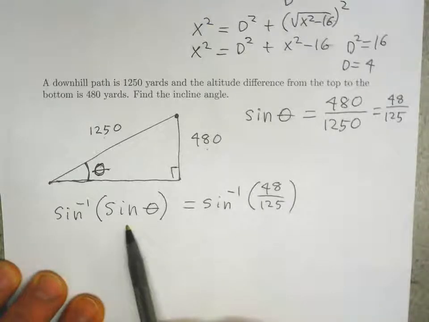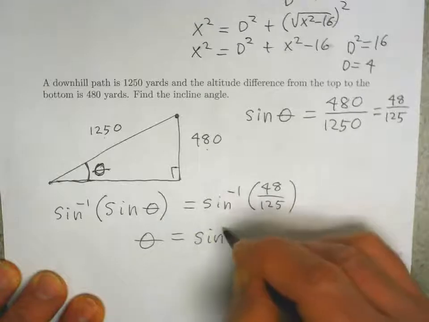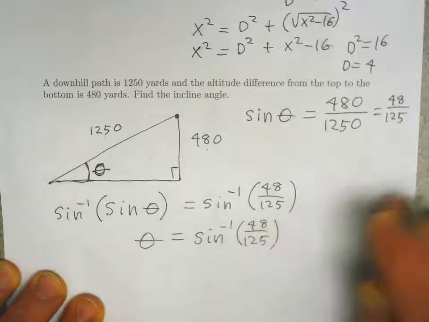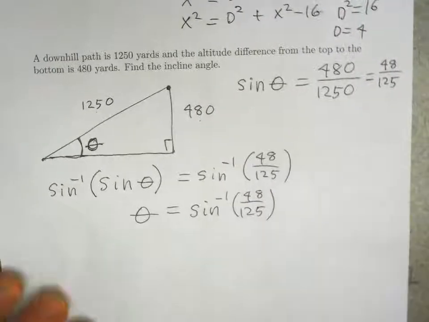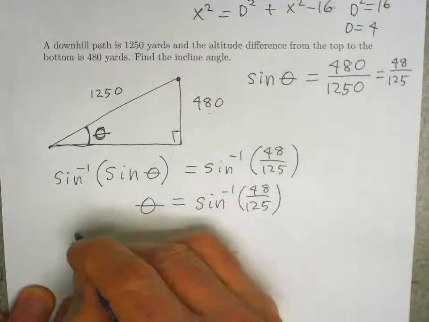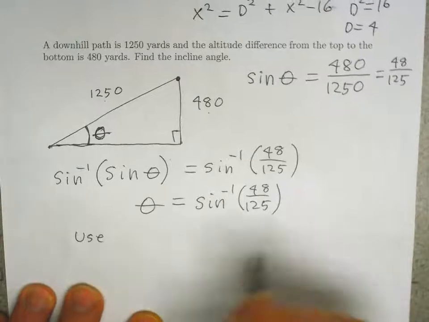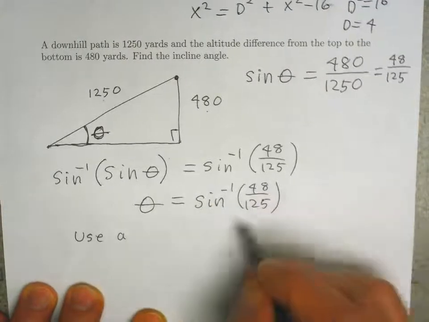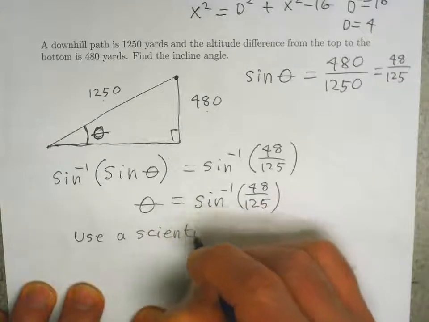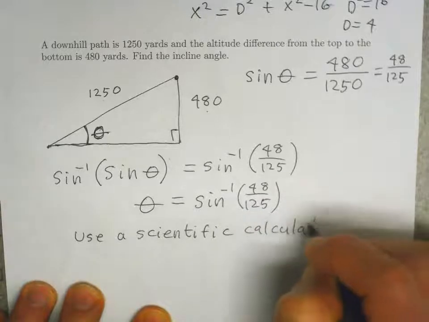The inverse sine of sine theta is theta, and then that's equal to the inverse sine of 48 over 125. So for these exercises, use a scientific calculator if you want to come up with an actual number that you can relate to. So use a scientific calculator when you're practicing these.